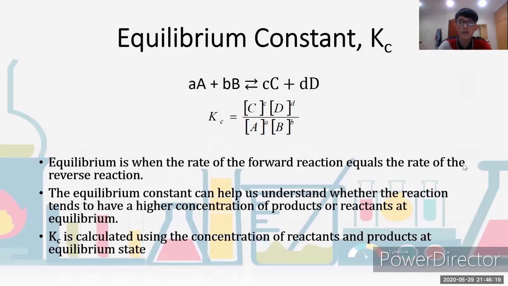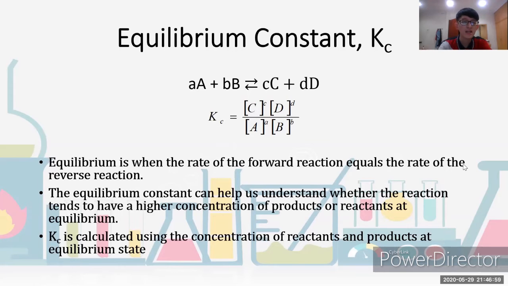Before discussing why these conditions are used, let us look into the concept of equilibrium constant, which will be used in the explanations later. Equilibrium is achieved when the rate of the forward reaction equals the rate of the reverse reaction. The equilibrium constant, Kc, can help us understand whether the reaction tends to have higher concentrations of products or reactants at equilibrium.